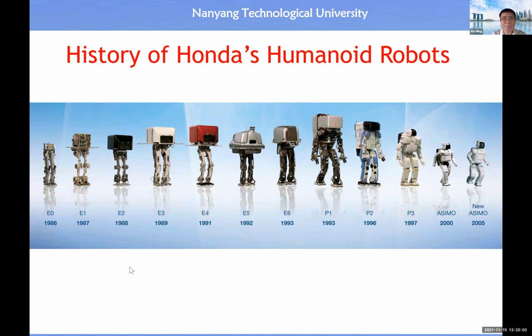The development of a robot in Honda started in year 1986, and all the way until today. Here I just show you the result achieved by Honda in year 2005, because at that time you will see the result is very, very remarkable already.